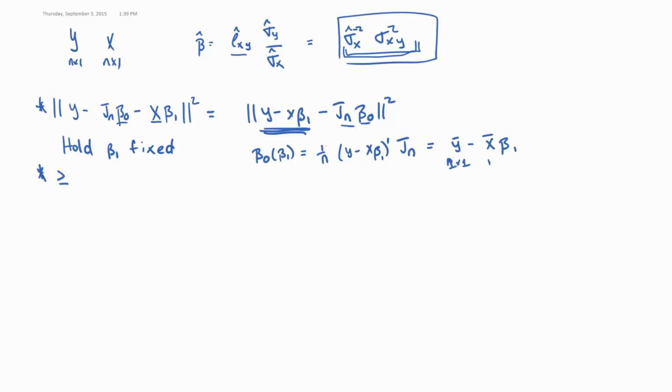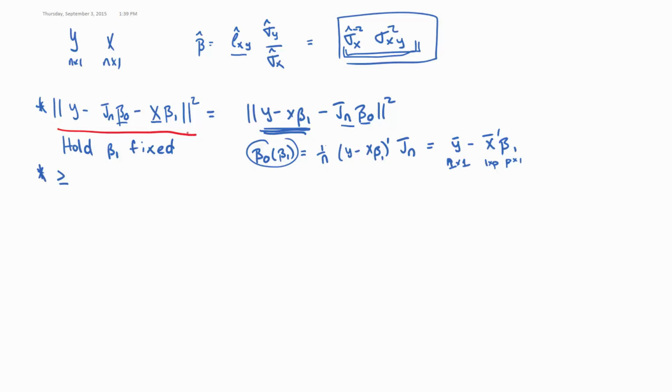X bar is a p by 1 vector of the averages within each of the columns. Oops, I should have a transpose there, sorry. So it's a 1 by p vector of the averages within the columns of x, and beta 1 is p by 1.